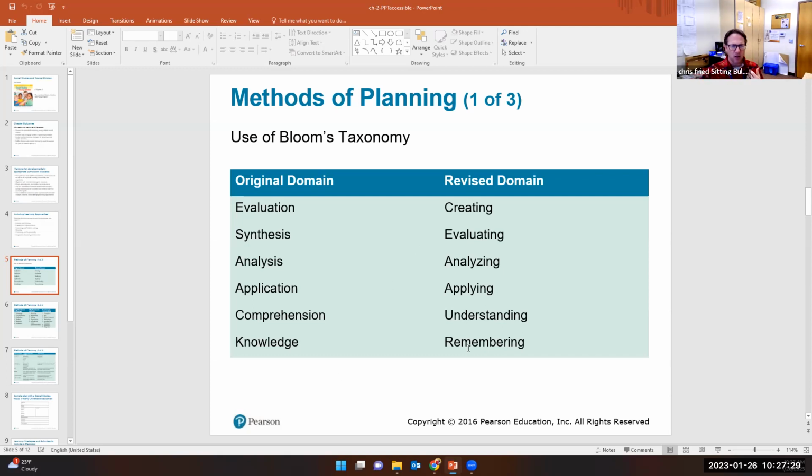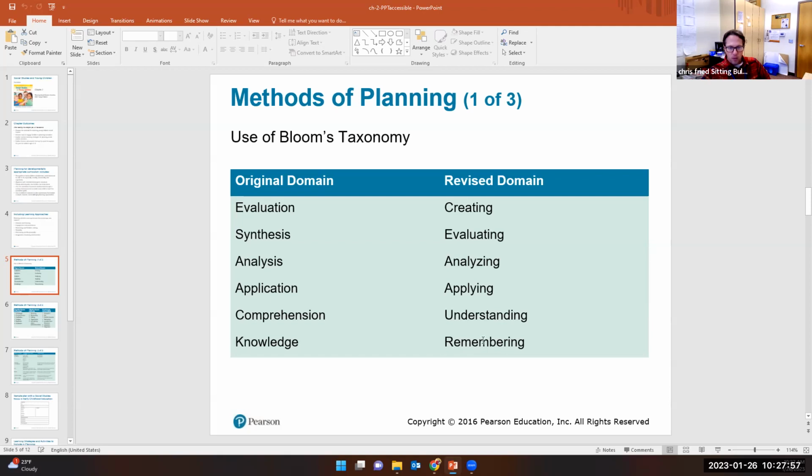So these are the domains or the levels in regards to our thinking and understanding, right? These are the original ones, and then these are the revised ones. I mean, this is 27 years ago. These were revised, but the domains are called creating, evaluating, analyzing, applying, understanding, and remembering.